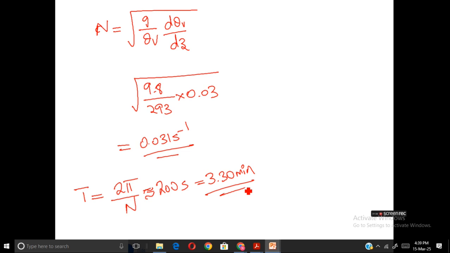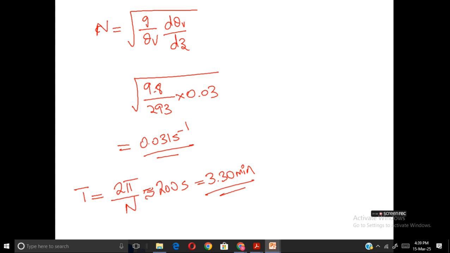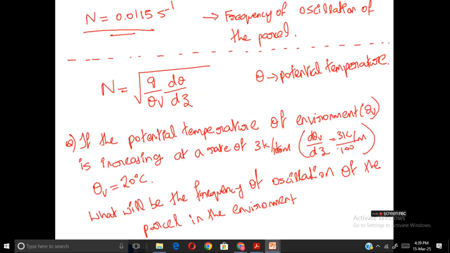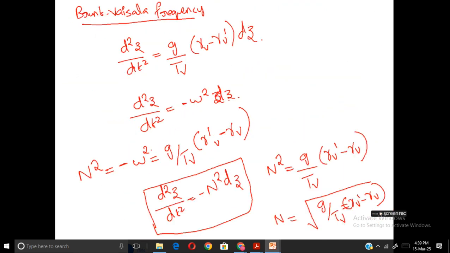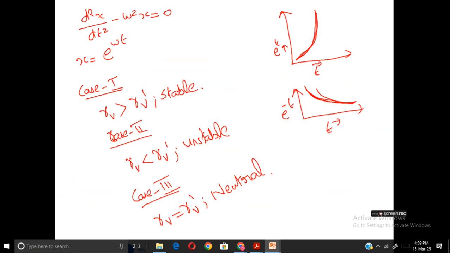And we learned the conditions for a stable atmosphere in terms of lapse rate. So 3 conditions were learned. In the first case, the environmental lapse rate was greater than the moist adiabatic lapse rate.